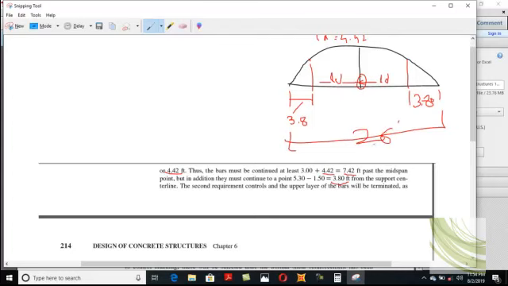Okay, good. So for how much distance will these 8 number bars be embedded into the concrete, meaning for how much distance will they continue from the midspan on both sides? Just subtract 3.80 plus 3.80 from 26.